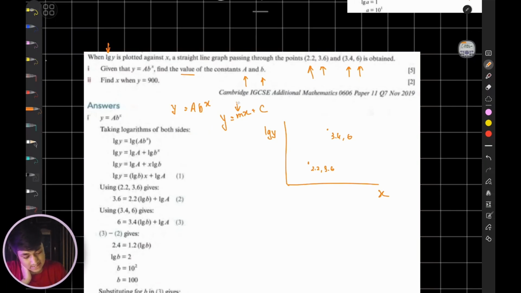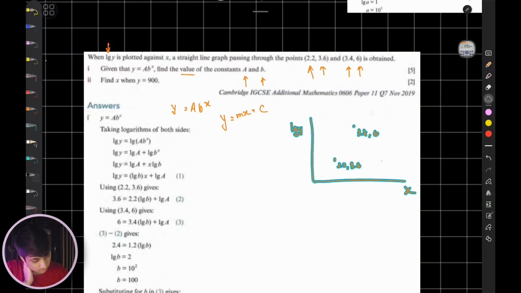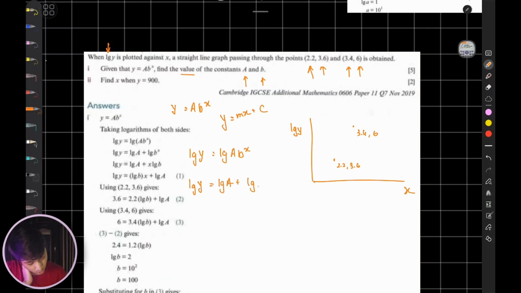So let's try and linearize it by bringing in log base 10 to either side of the equation. If I move this around, it's going to be log of y equals log of a b to the power of x. Now, I can also break the terms apart by writing it as log a plus log b to the power of x.